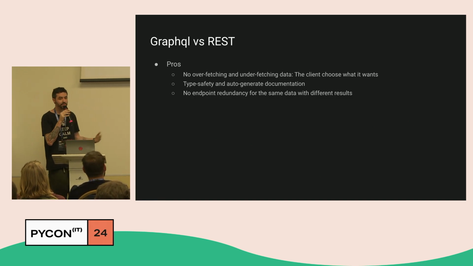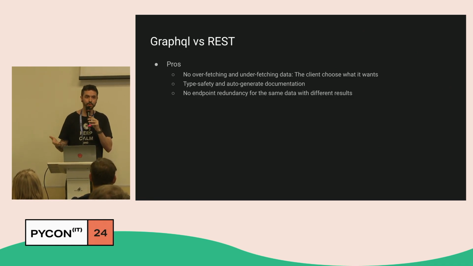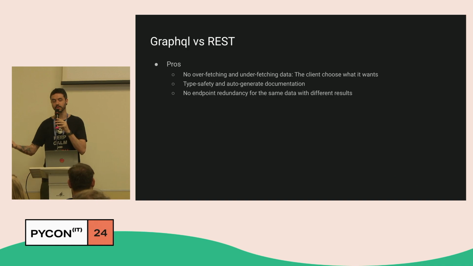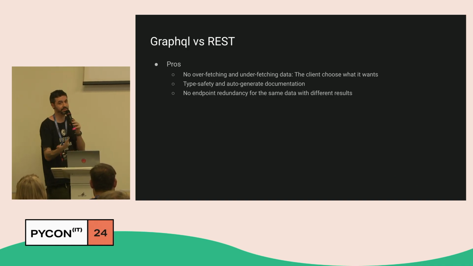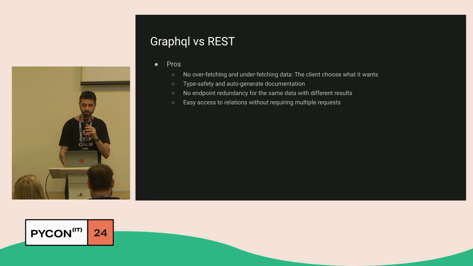It allows you to avoid endpoint redundancies, such that you don't need 2 endpoints, one to retrieve a cheeseburger and another one to retrieve a vegan cheeseburger. You can just have one and pass different variables to it.